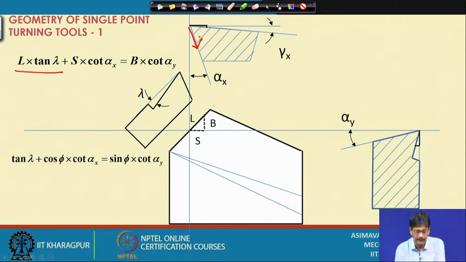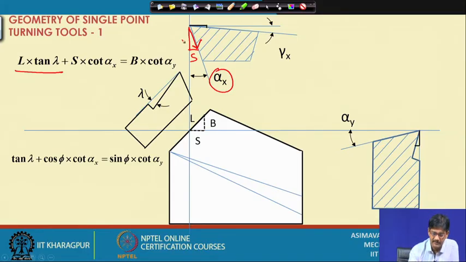If I move down the flank, then I am covering some vertical distance. How do you find out that vertical distance? We will find it from this sort of a triangle, where this side is S, and this angle as shown is alpha x. Therefore, we can express a relationship where the vertical distance is of our interest.